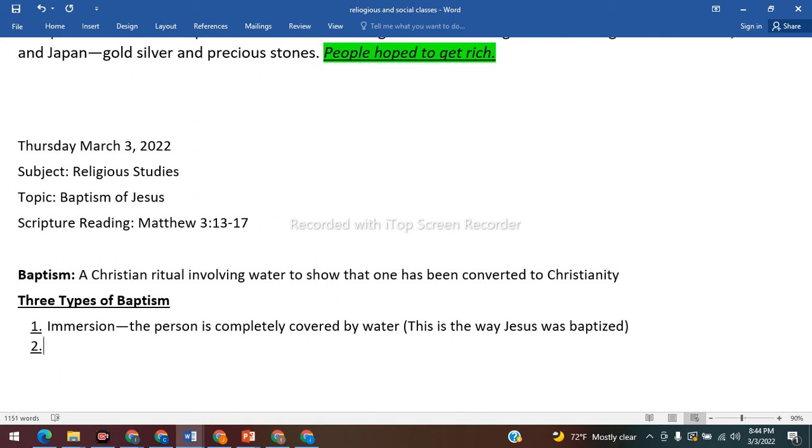And the second one is sprinkling. Sprinkling is where water is sprinkled over the head of the person. And the third way is pouring.